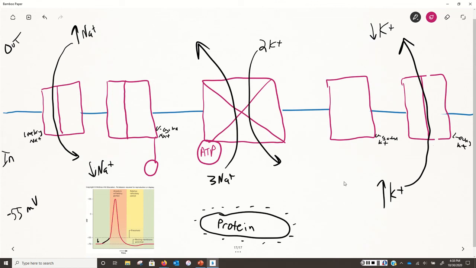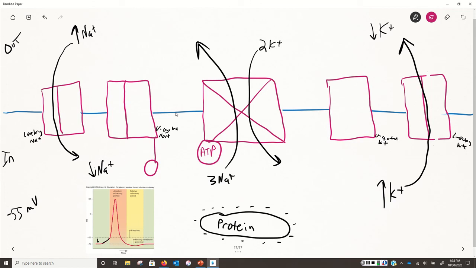First, we have now another path for sodium to come into the cell. He's still going to come down his concentration gradient. He's still going to come down his electrical gradient. He's going to do the exact same thing, but a better way to say it is we have just made this membrane more permeable to sodium.